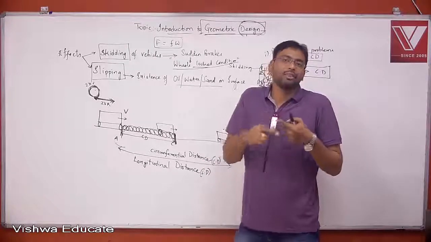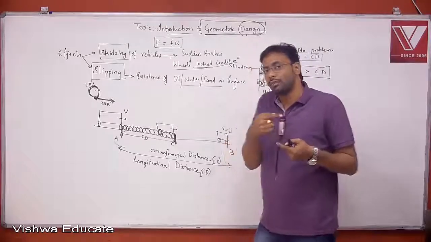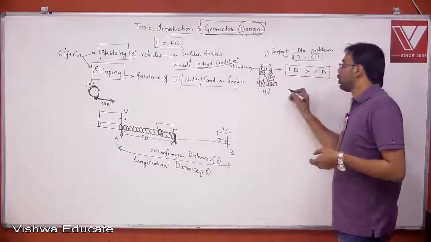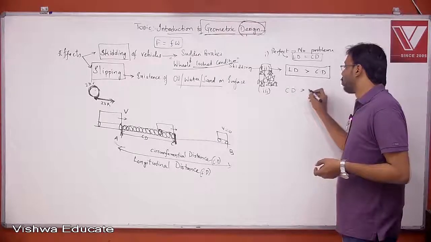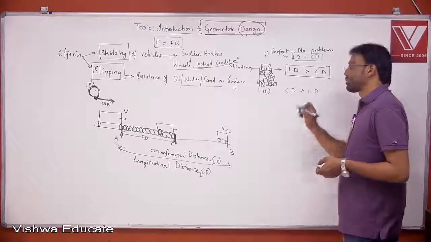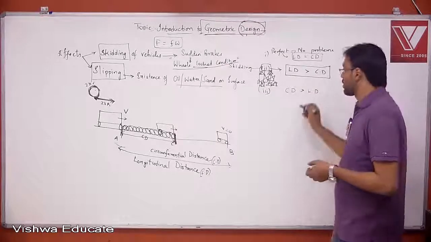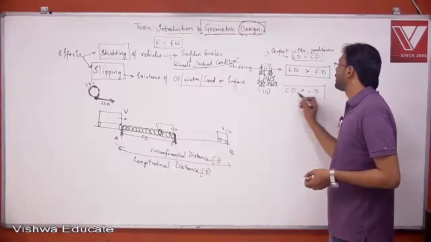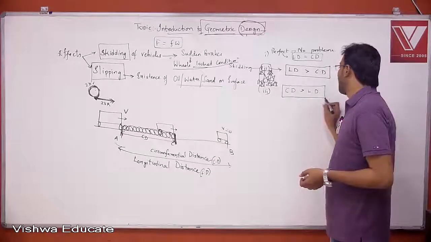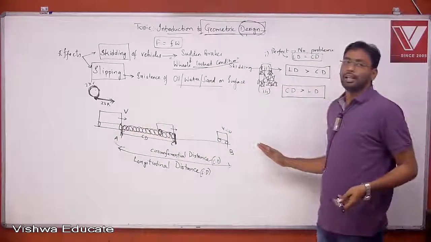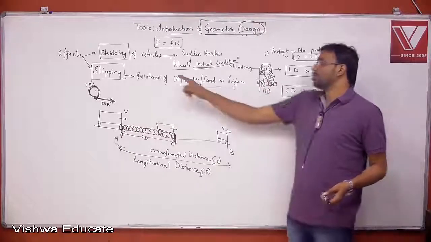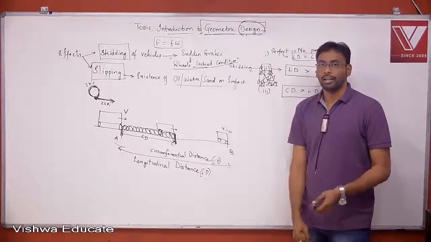As your wheel is making more number of rotations, your circumferential distance will be more than longitudinal distance. So if the circumferential distance made by the wheel is more than the longitudinal distance moved by the vehicle, it will lead to slipping of the vehicle.